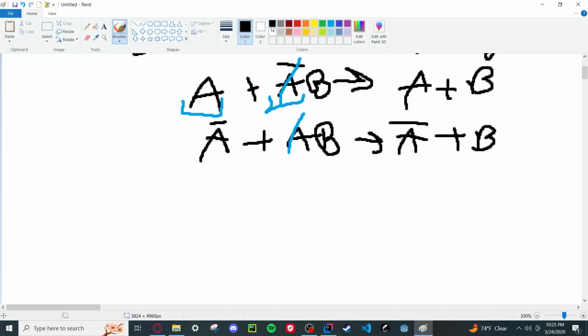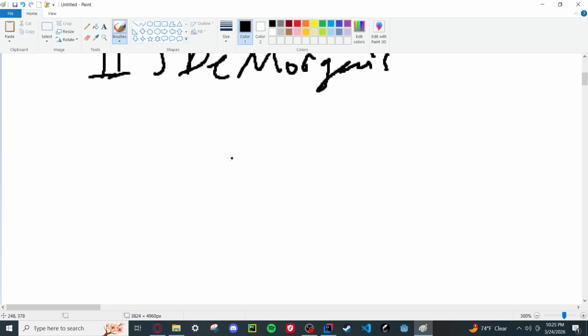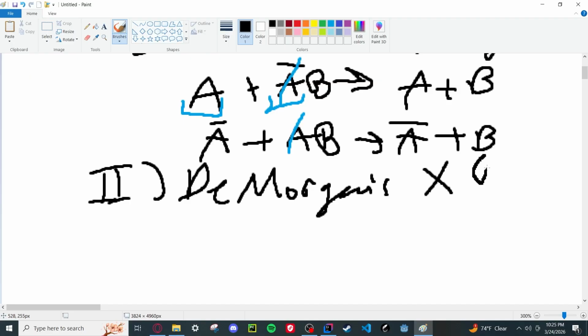The next isn't really a law, but it's a continuation on De Morgan's, as I forgot to bring up the OR to XOR.